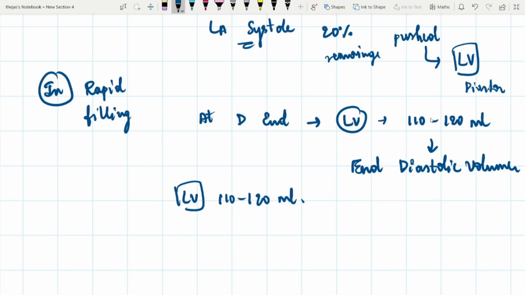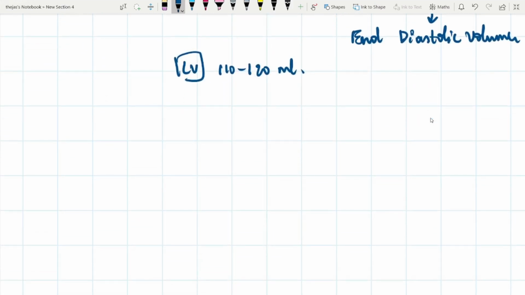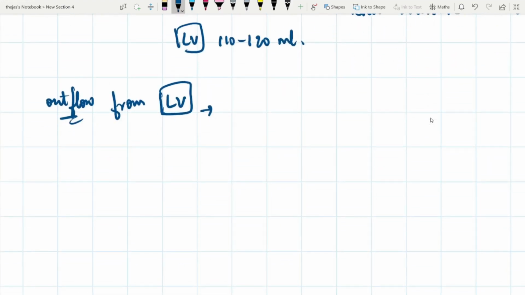Okay. So now out of left ventricle, out phase, outflow. From what? From left ventricle. So this occurs in the following steps. So the first step is isovolumetric contraction.